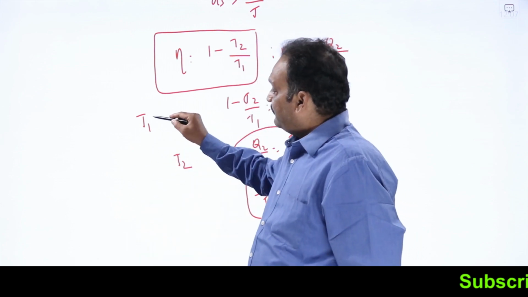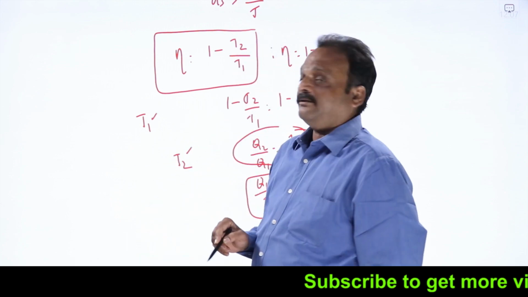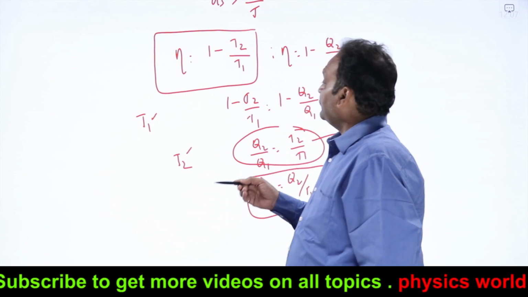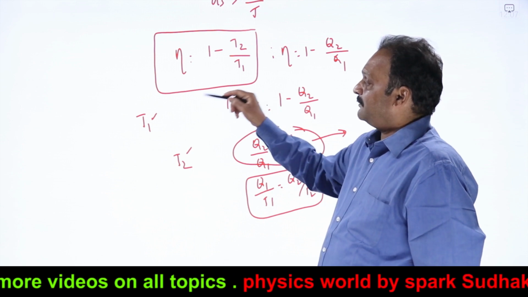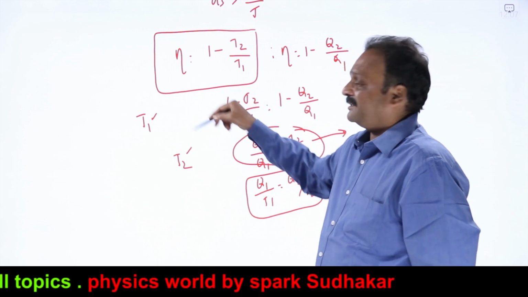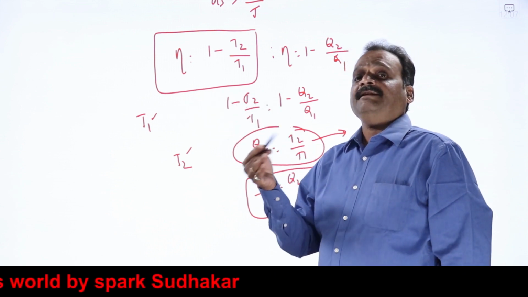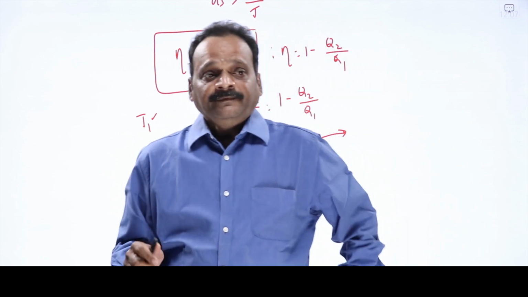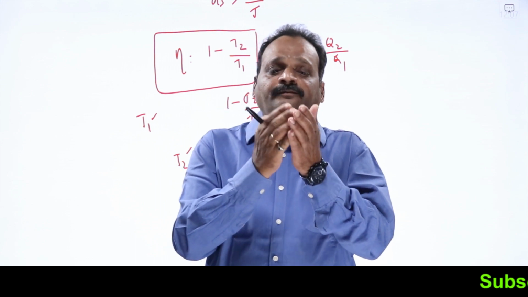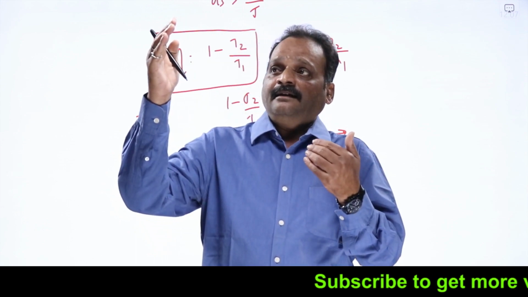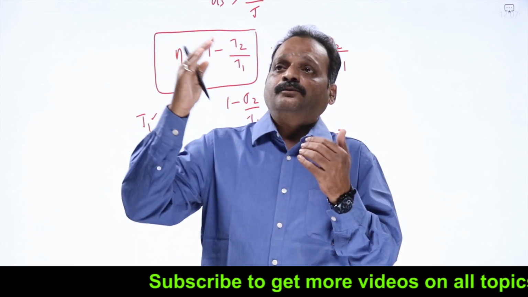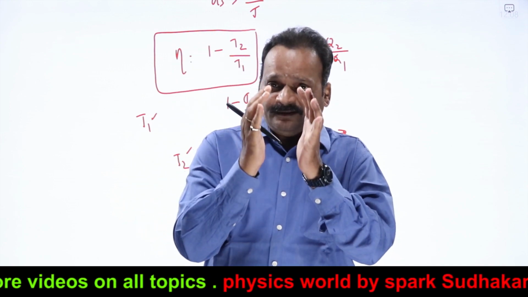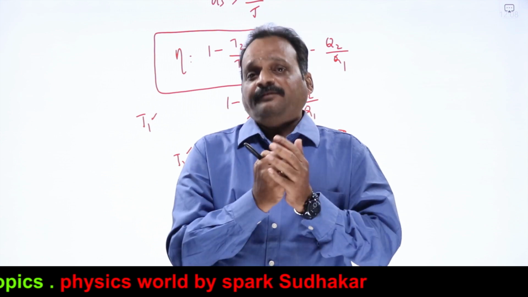For given two temperatures, the Carnot or reversible engine has the highest efficiency, and no irreversible engine working between the same temperature limits can be more efficient than a reversible Carnot engine. That is, you fix any two temperatures, and the reversible Carnot engine working between those two temperatures has the highest efficiency. Carnot engine will have the maximum efficiency.